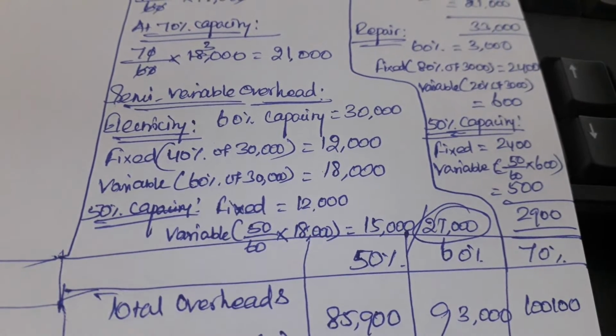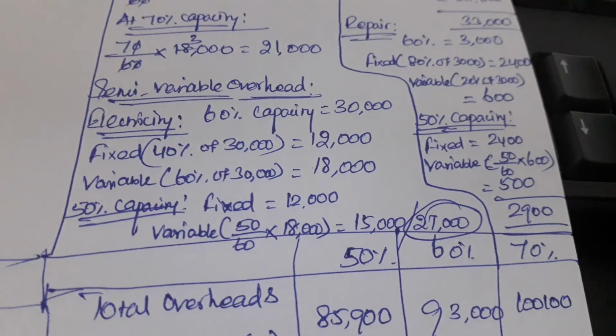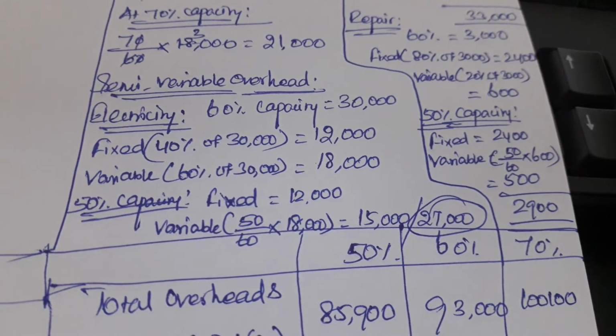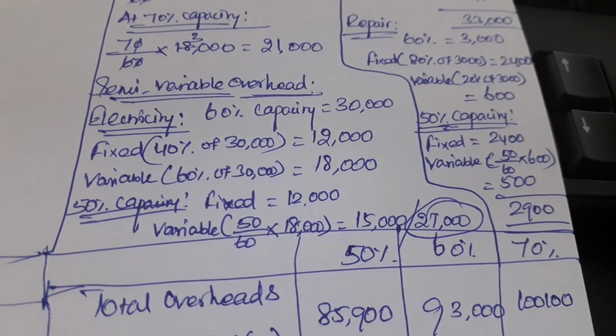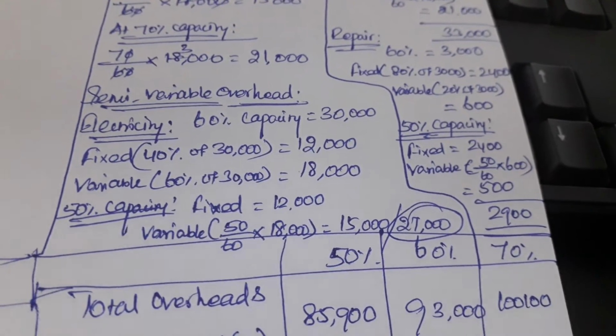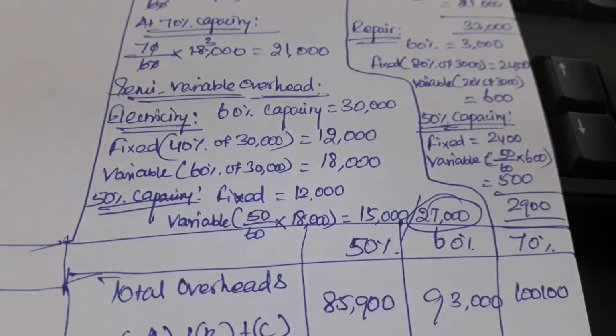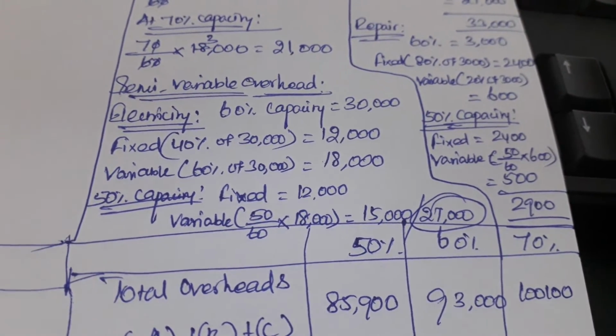So we need to calculate separately for fixed as well as variable. 40% of 30,000 gives 12,000, and 60% of 30,000 for variable overheads gives 18,000. Just copy to the solution.